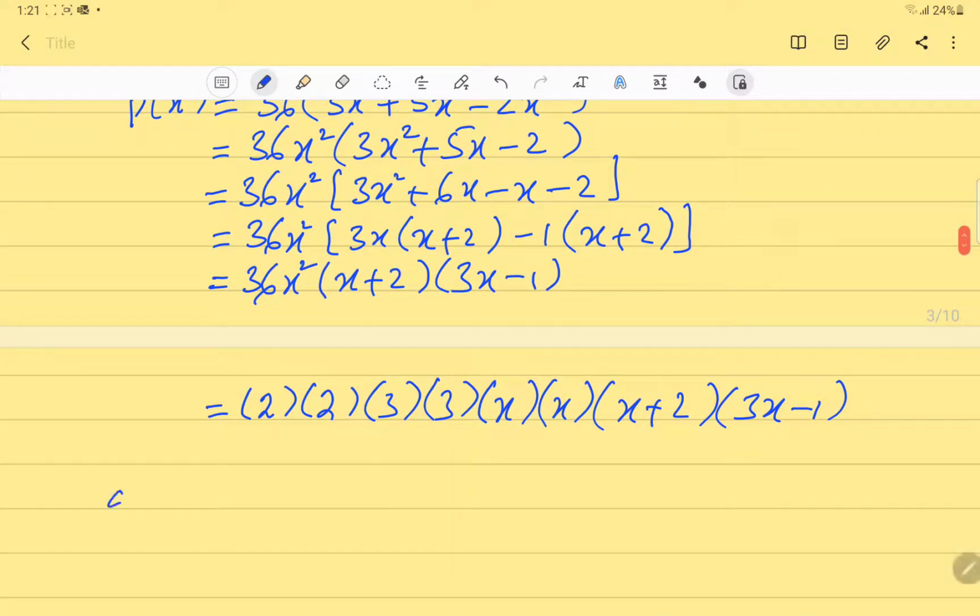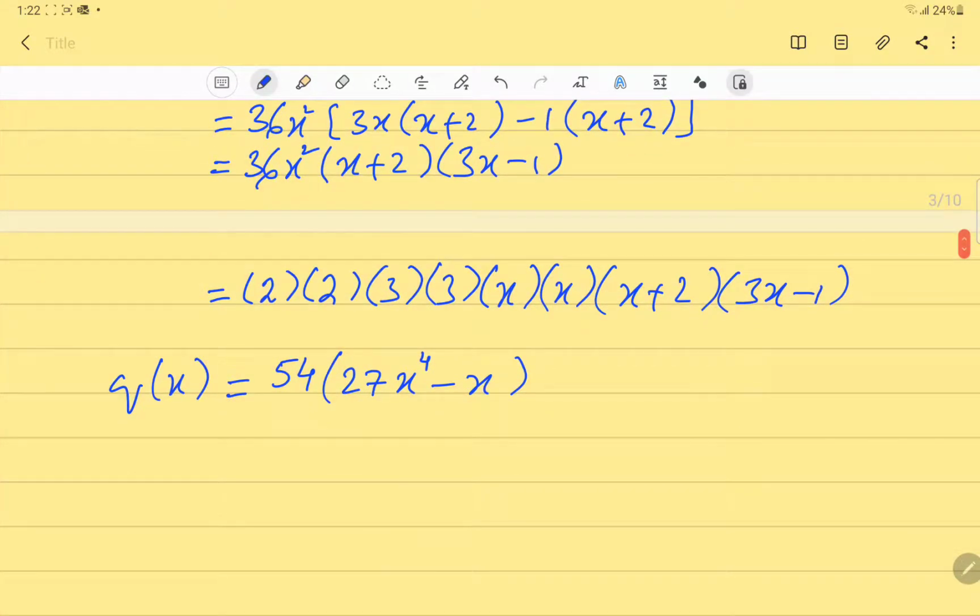Now we move on to our second expression, which is 54 into 27x to the power 4 minus x. Again we have x common in both the terms inside the bracket, so we will take it common. x is out, so we are left with 27x cubed minus 1.